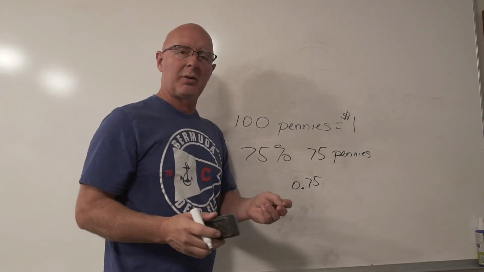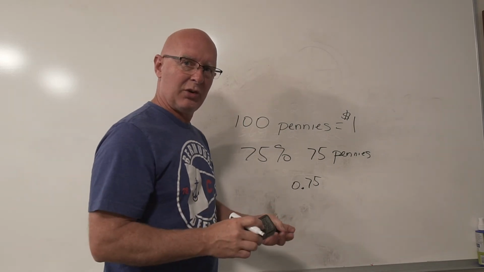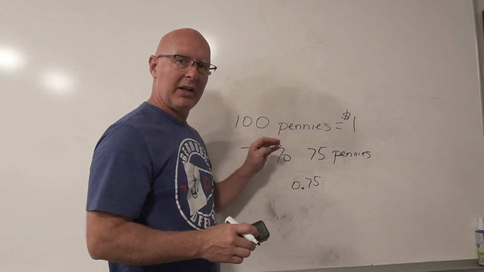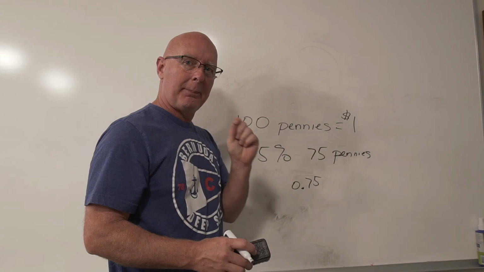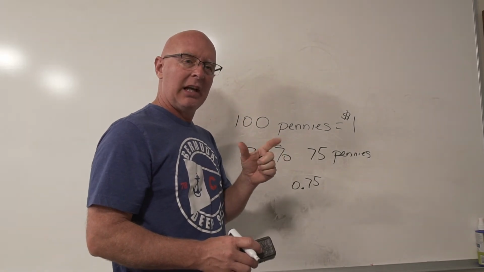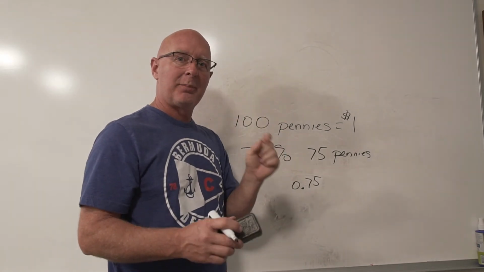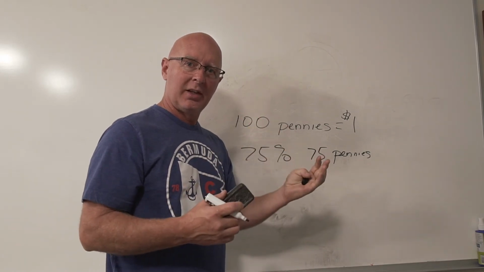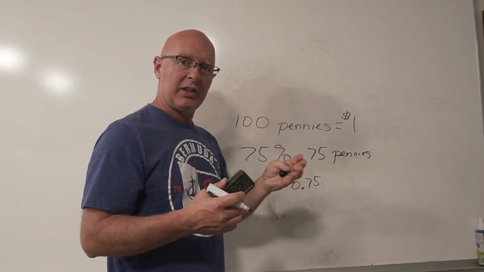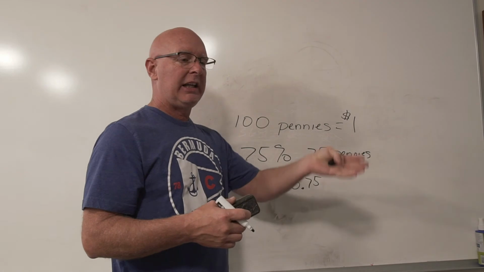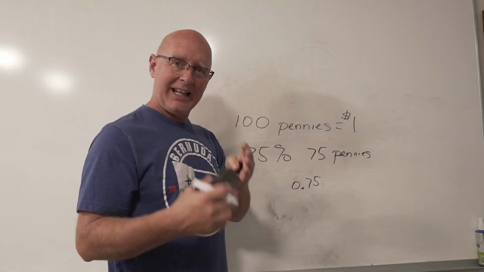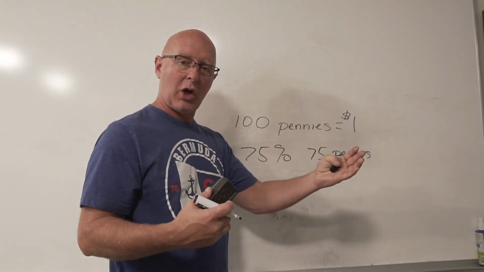So anytime somebody starts talking about a percentage with you, think about money. Think about $1 and how many pennies it takes to get that dollar. And think about the dollar as being 1 of something. And so 75% of that 1 gives you some number less than the total.